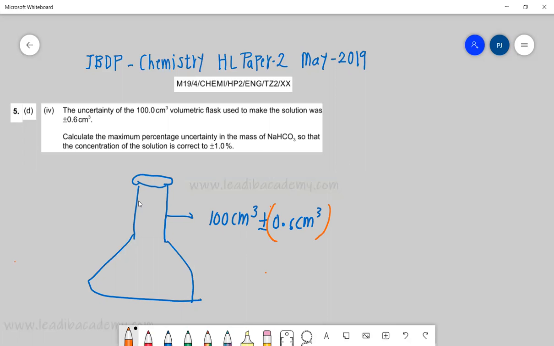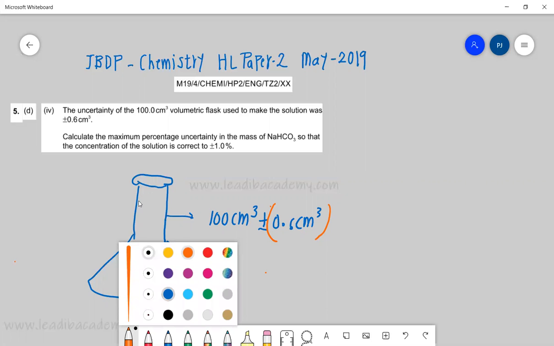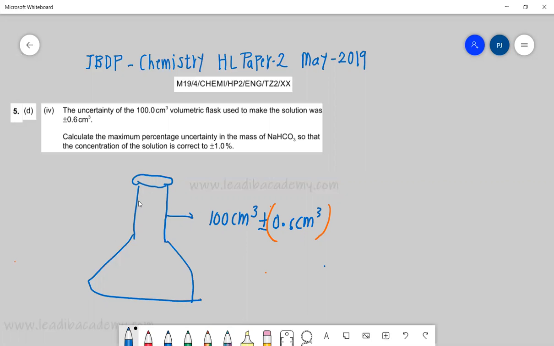Calculate the maximum percentage uncertainty in the mass of Na2CO3 so that the concentration of the solution is correct up to plus or minus 1%. So let's understand quickly what concentration is.